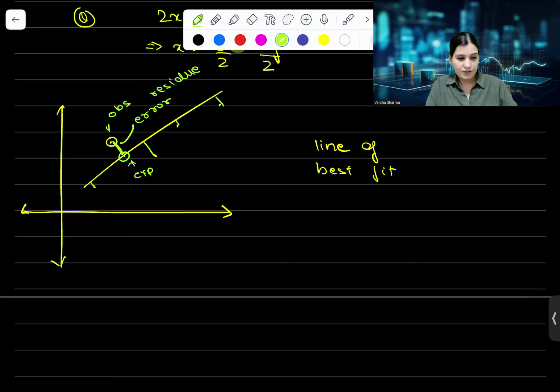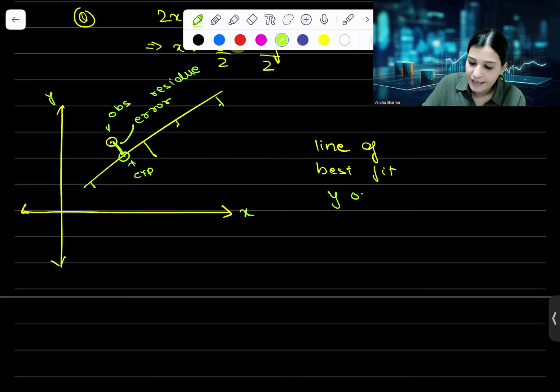Yes, ma'am. Okay. Now, see, there are two possibilities. First, y may be given and you have to find x. And the second is x may be given and you need to find y. Right? So this is x here and this is y.